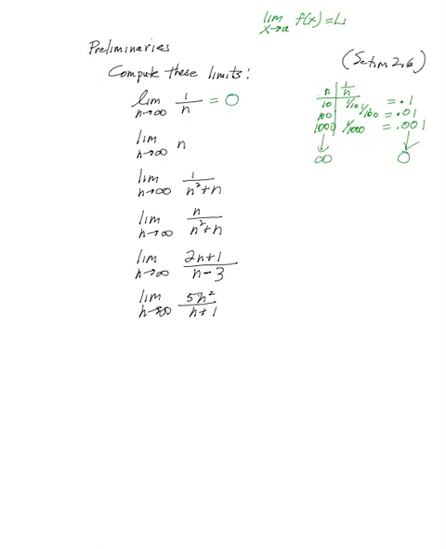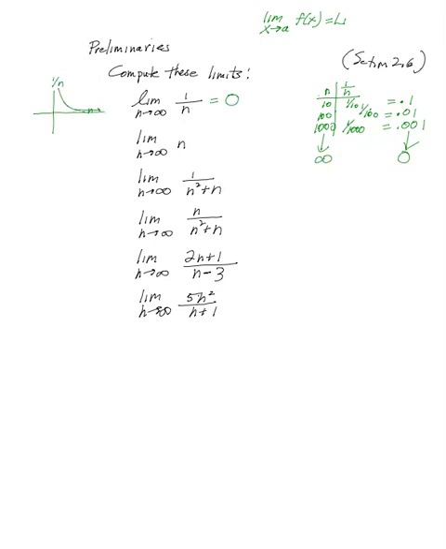You can make the quantity 1 over n as close to 0 as you please just by making n sufficiently large. If you look at a graph of f of n equals 1 over n, I'm going to make the graph continuous. It looks something like this. There's a horizontal asymptote at the horizontal axis.